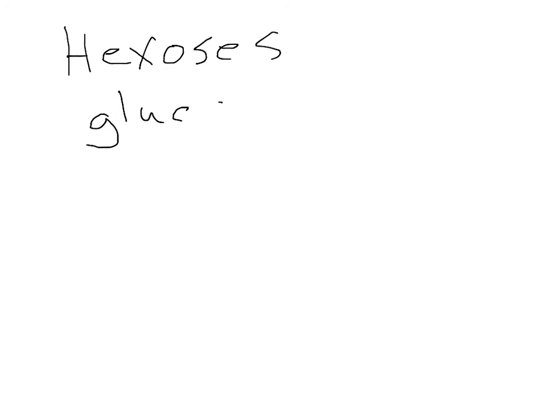There are some hexoses, which you know the name of. So let's look at those for a minute. There's glucose. That has 6 carbons. There's fructose. It also has 6 carbons.